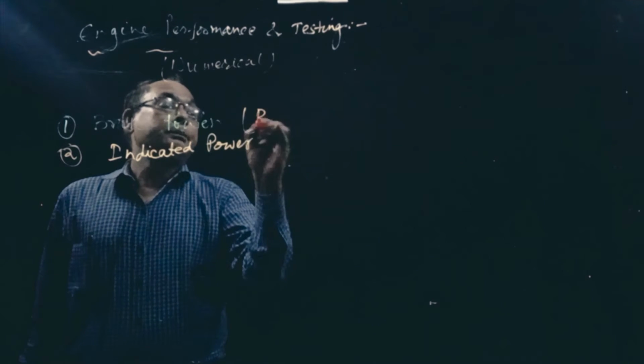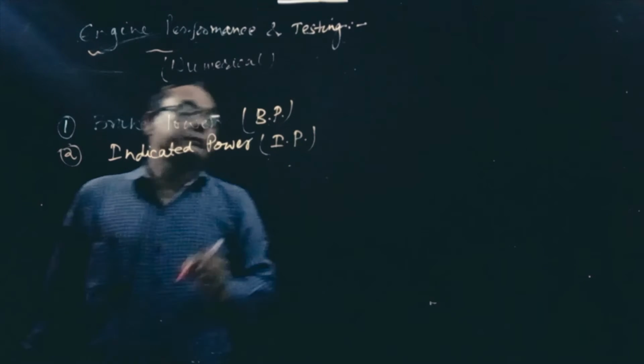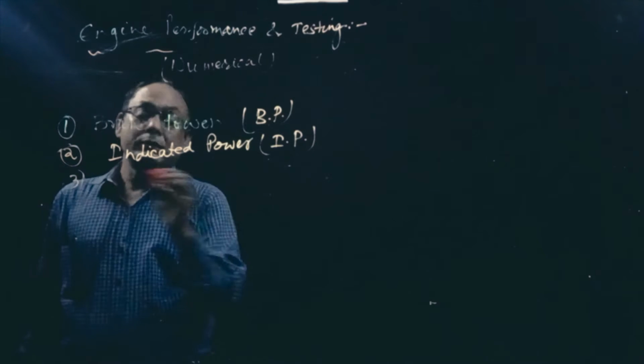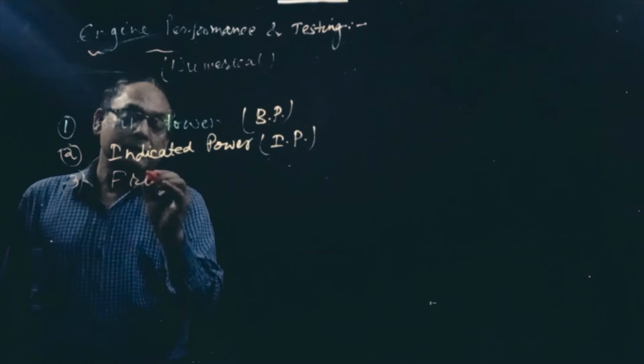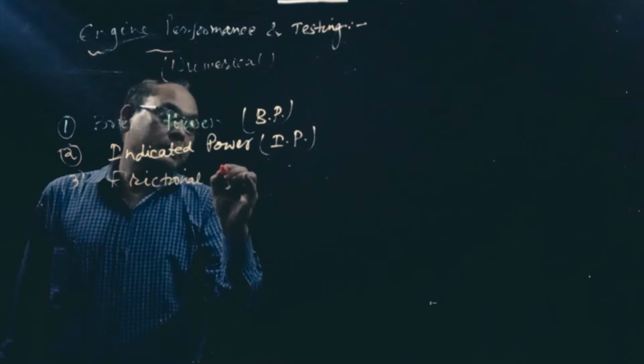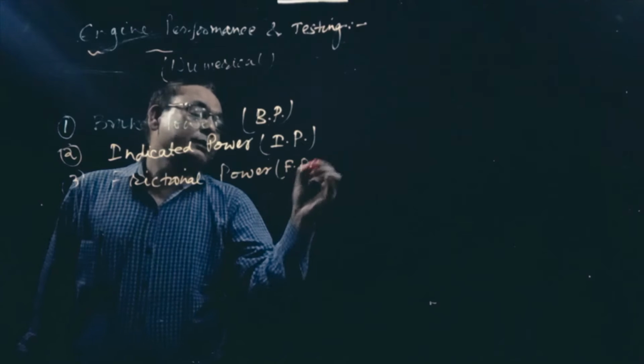This is called BP, this is called indicated power. Number 3 frictional power, it is denoted by FP.